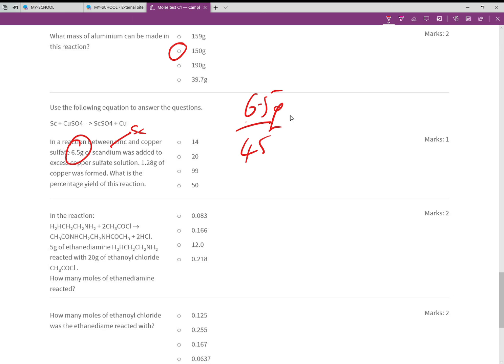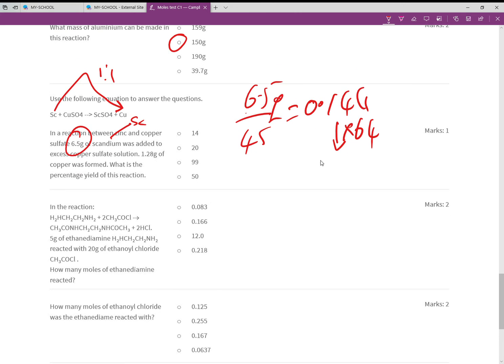Okay. So we started off with 0.144 moles of the scandium. Now if we go from scandium to copper, that's a 1-to-1 ratio, so I should make the same number of moles of copper, and the atomic mass of copper is 64, so I should take mass times RFM.